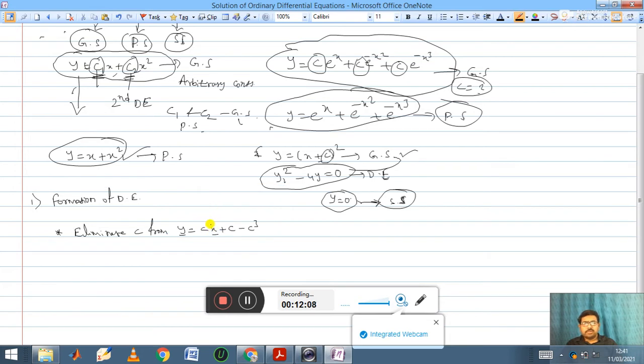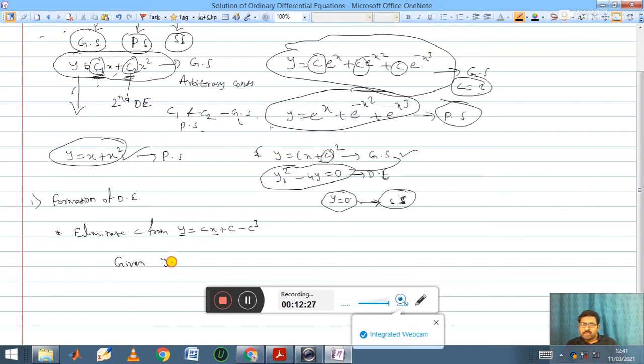Here the constant c acts as an arbitrary constant. Then if you eliminate c from this, it leads to the differential equation. Then how to eliminate c? It is by differentiation.